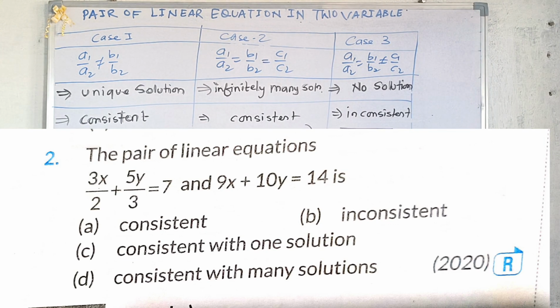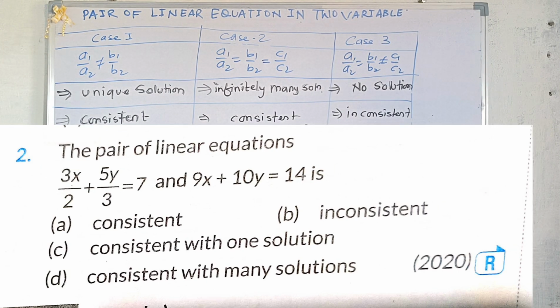Now dear students, the solution for this question is that 3x upon 2 plus 5y upon 3 is equal to 7. So this can be rewritten as 3x upon 2 plus 5y upon 3 minus 7 is equal to 0, and the second linear equation can be written as 9x plus 10y minus 14 is equal to 0.